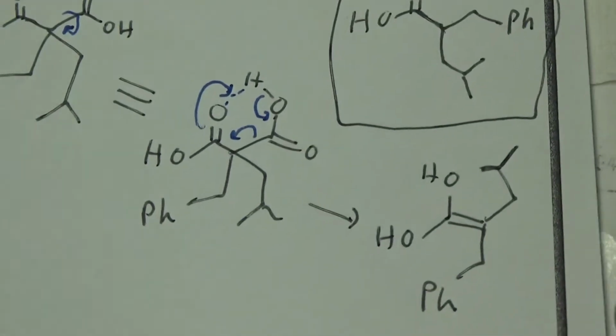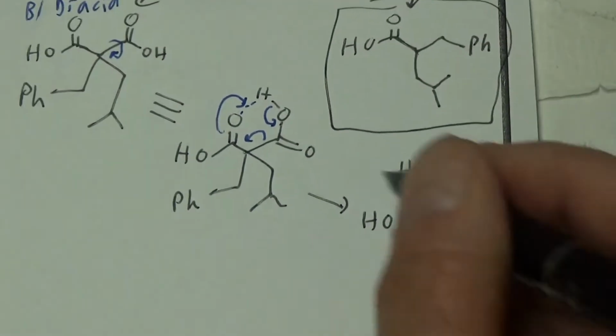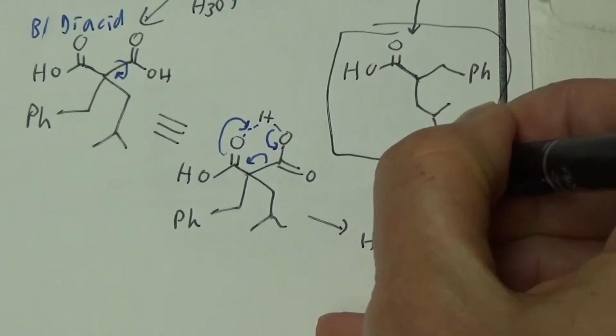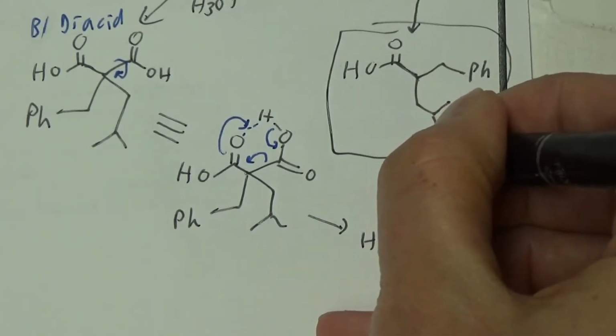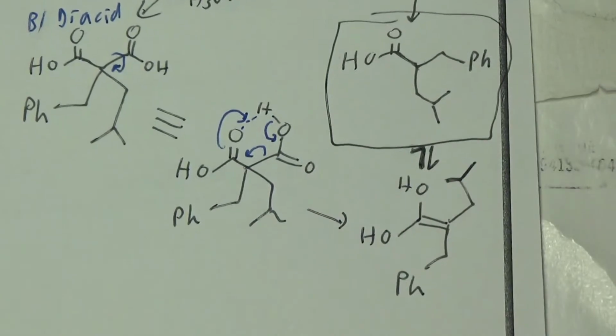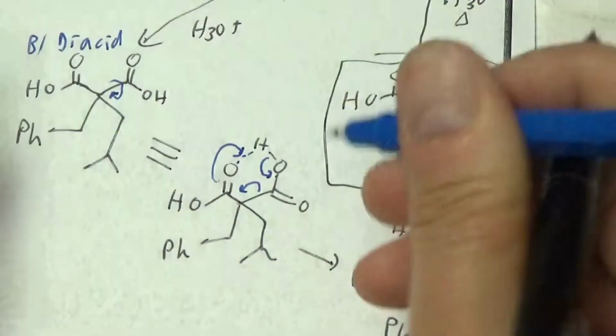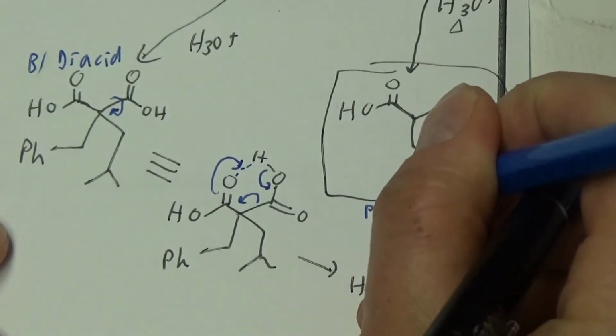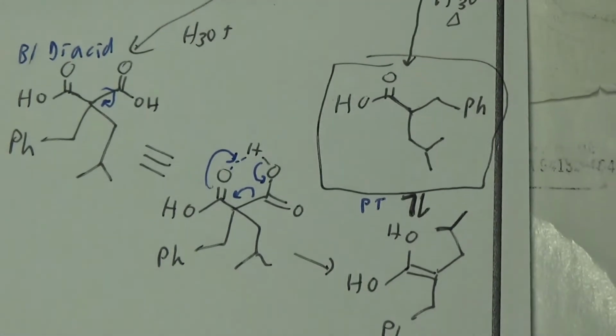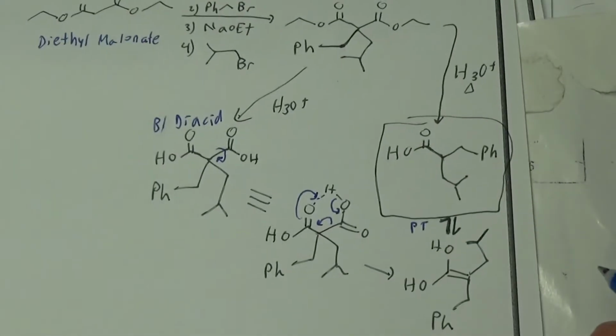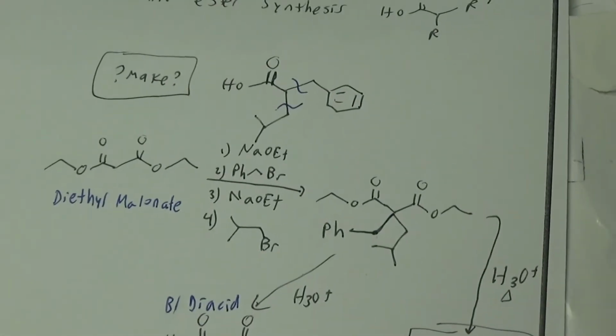Right? And that just tautomerizes, I guess. Tautomerism is the behavior. It's a proton transfer. Cool. So that is just another example of the Malonic Ester synthesis.